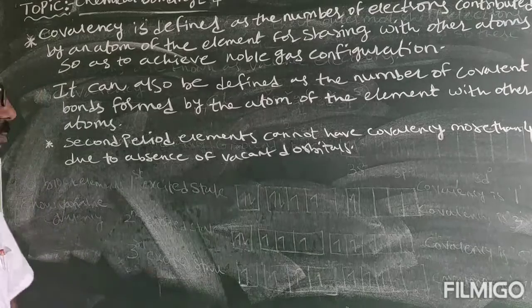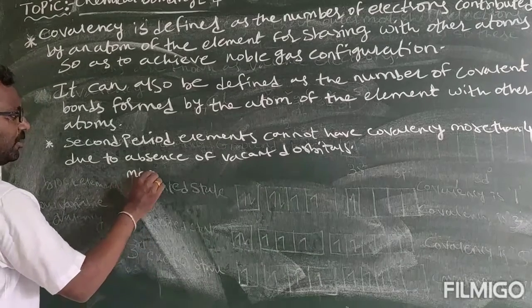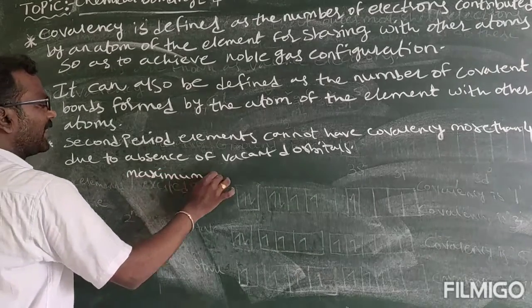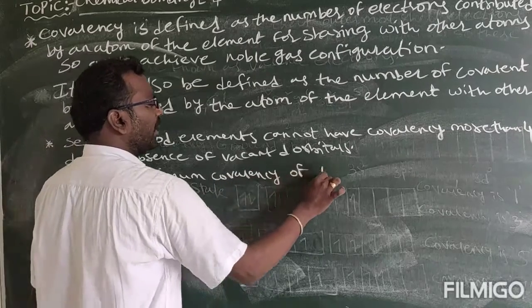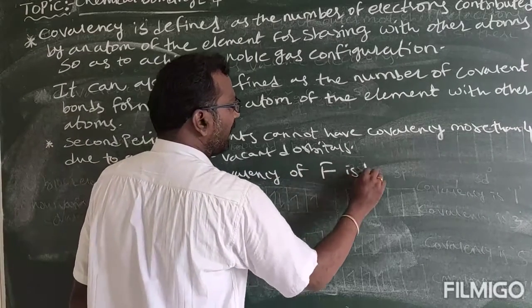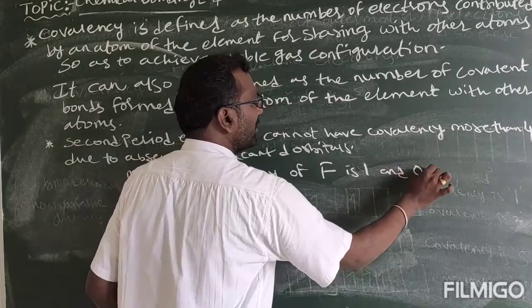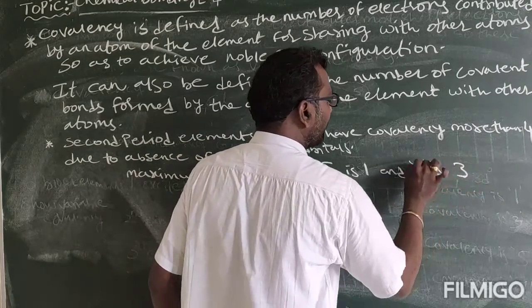Okay, so maximum covalency of fluorine is 1 and oxygen is 3.